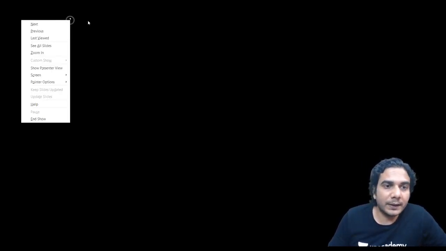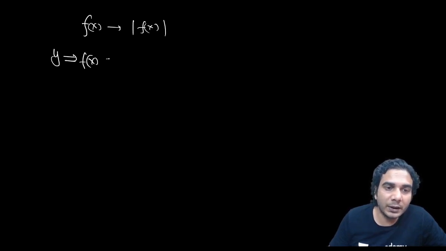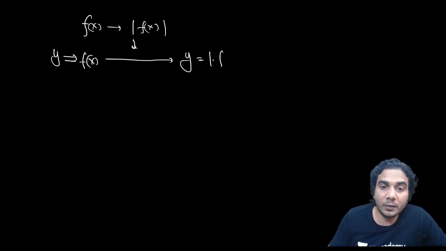So now I'll tell you the last transformation and then we'll continue the graph examples. The last transformation of mod is replacing f(x) by mod of f(x). So y is equal to f(x) is your equation, and after doing this transformation, your equation will be y is equal to mod of f(x).